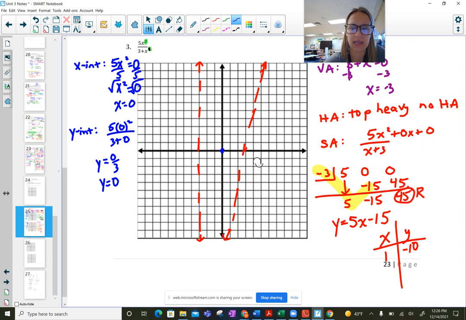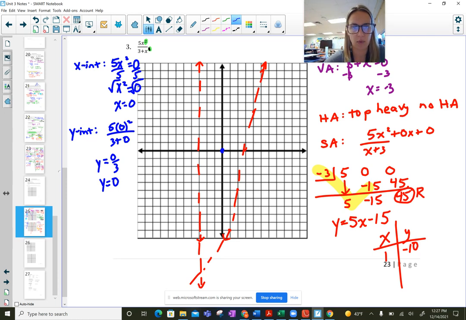Okay, this is going to be interesting, which means if I were to extend this, which I probably should have, and extend this, oh, Lord, that's going to go straight down.